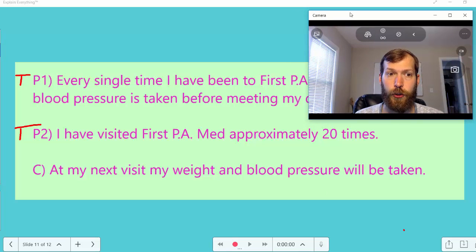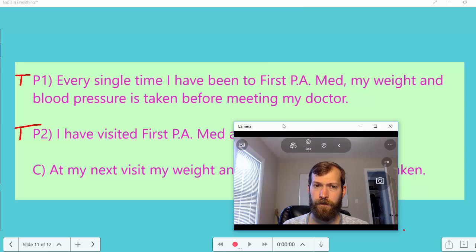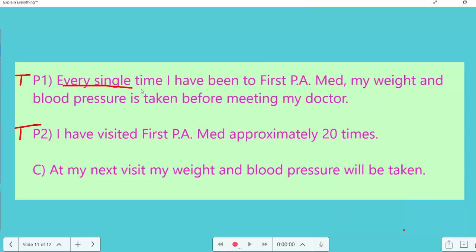It is in fact a cogent argument. Why? Well, notice that every single time that I've gone to this doctor's office, First PA Med, it turns out that my weight and blood pressure is taken before meeting the doctor. And I have a pretty good sample of how many times I've gone. So I've gone about 20 times.